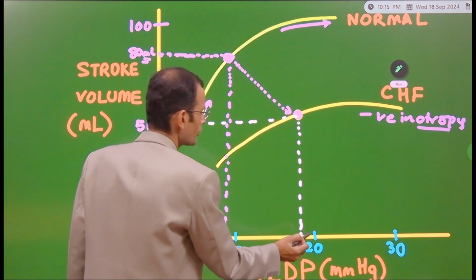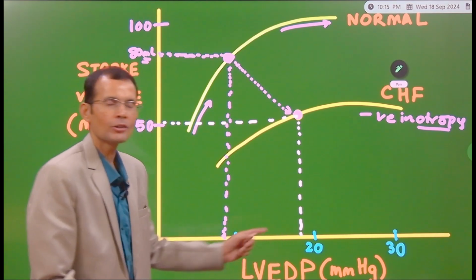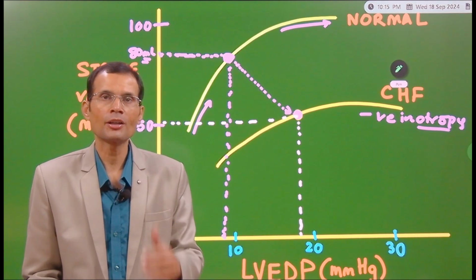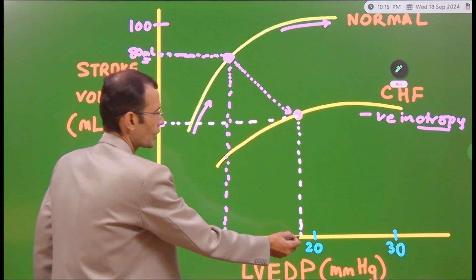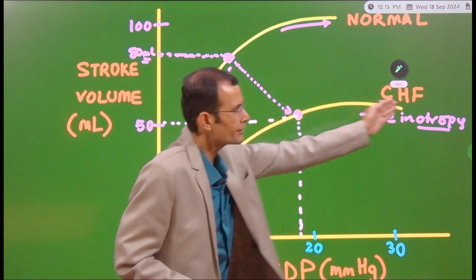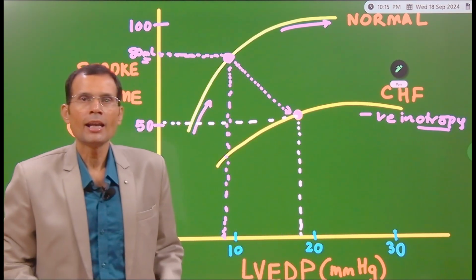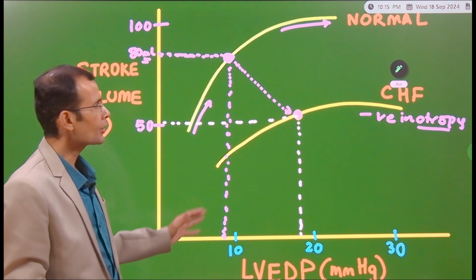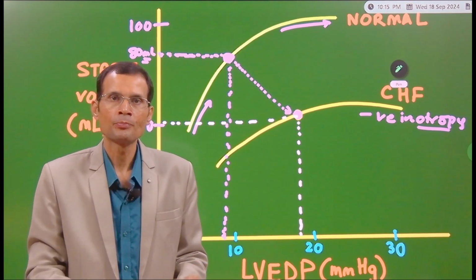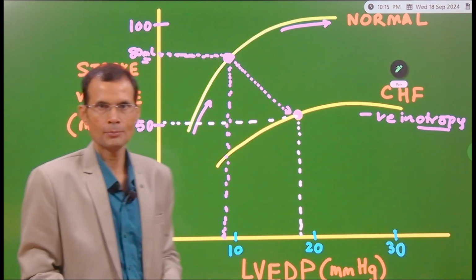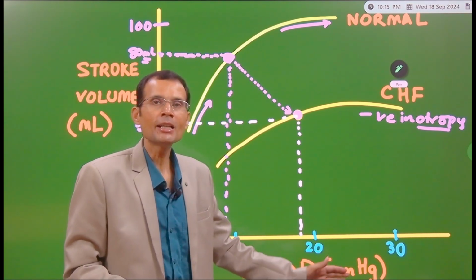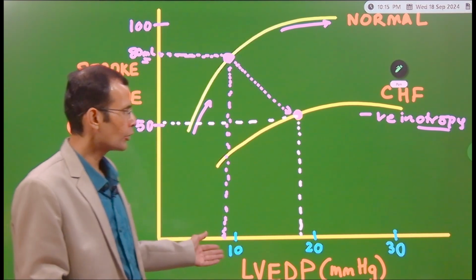And this point corresponds on the horizontal axis with about 20 mm of Hg of left ventricular end diastolic pressure. 20, 25, it can even go up to 30 mm of Hg, as you can see in the curve. Left ventricular end diastolic pressure increases in heart failure. That's the point I'm trying to make. Stroke volume decreases because heart is failing as a pump, and LVEDP increases, end diastolic pressure increases.